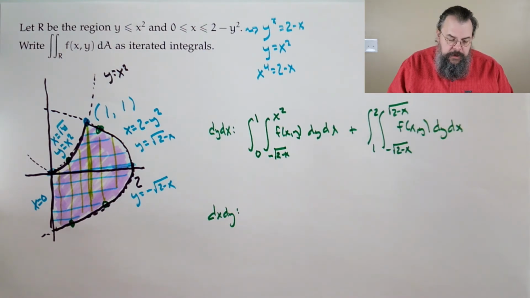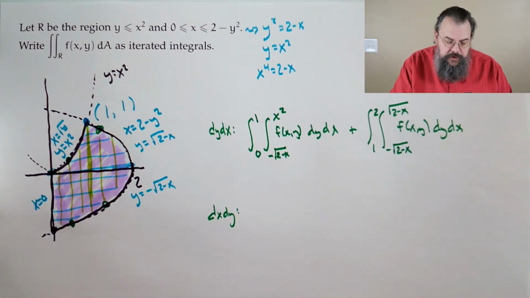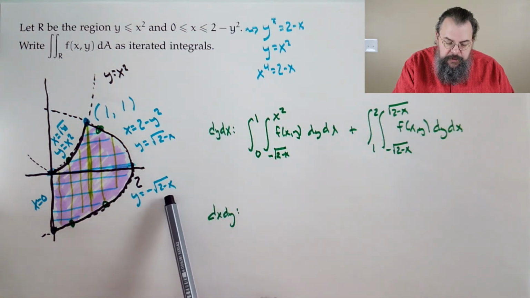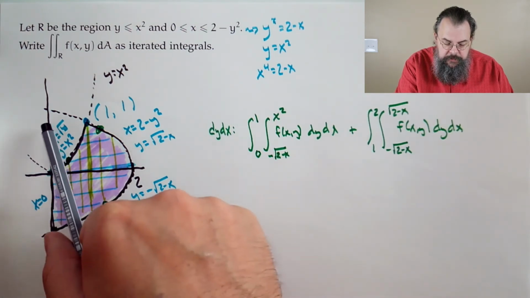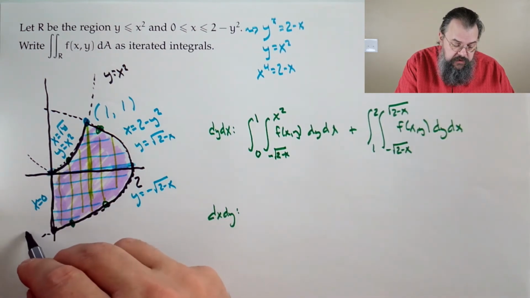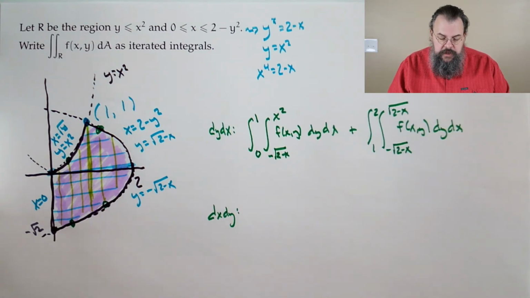Now, one thing we haven't marked is where this point is. So let's figure that out. That would correspond to x equals 0. If you plug in x equals 0, this is at minus root 2. So here we go.